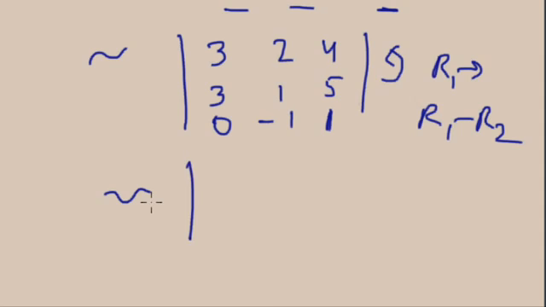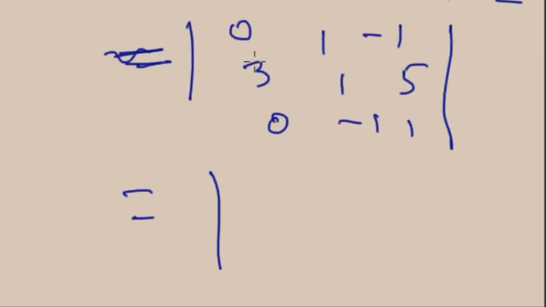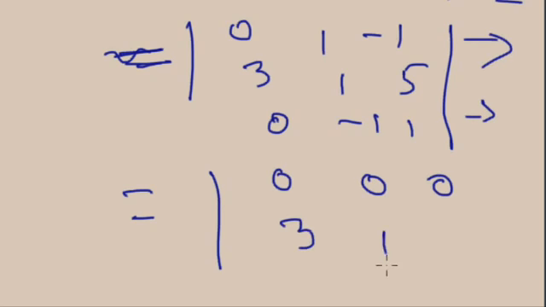This is equal to 0 1 0, 1 and minus 1, and 3 1 5, 0 minus 1 1. If you add this row and this row, you will get 0 0 0, 3 1 5 and 0 minus 1 1.